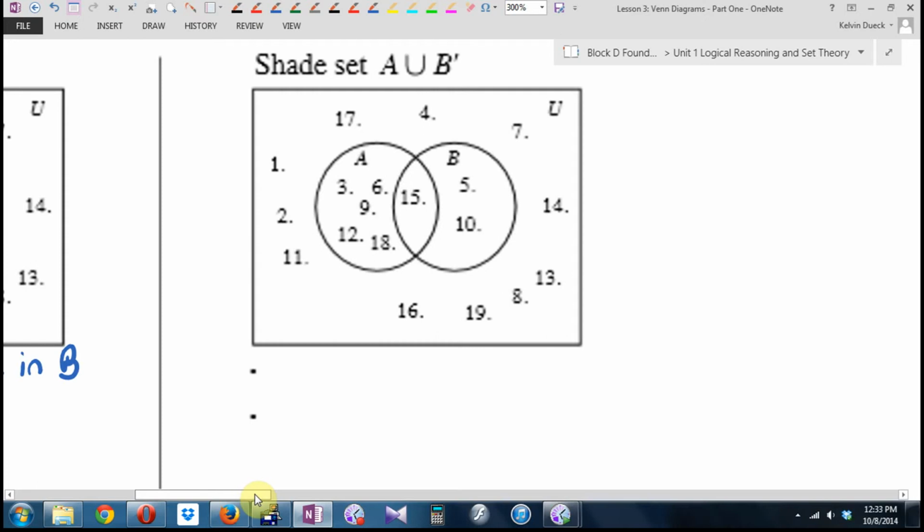Let's shade A combined with anything that's not in B.